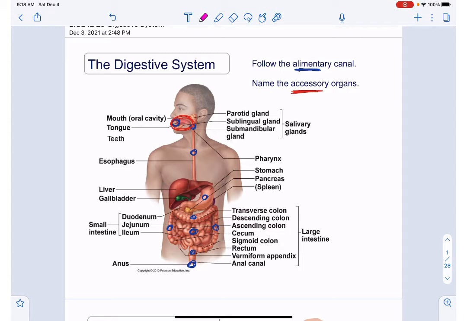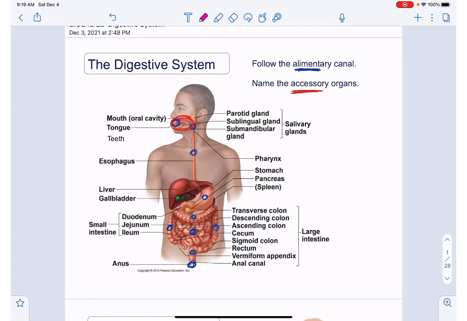But the remainder of the accessory organs, or what a lot of these accessory organs have in common, is that they are located outside of the alimentary canal, but they make and secrete products into the alimentary canal. And those are going to contribute to digestive processes.